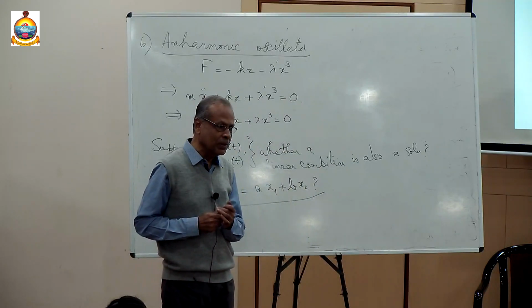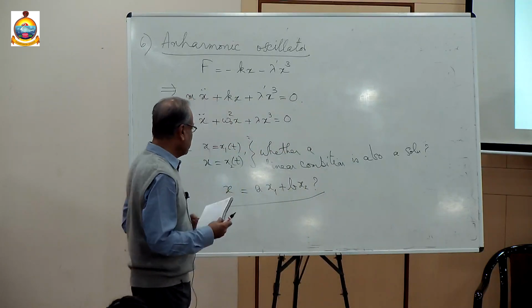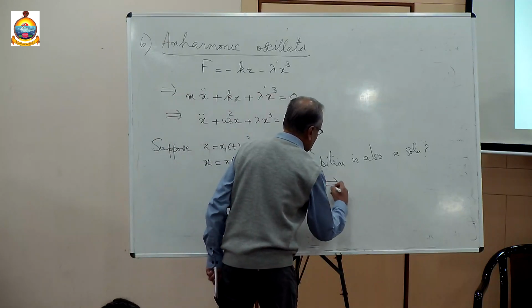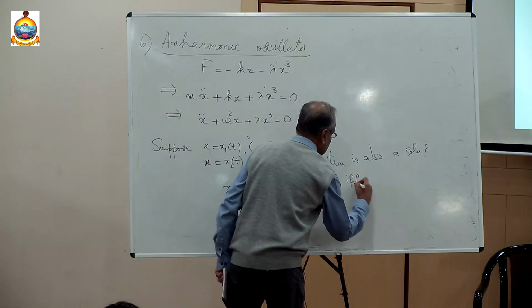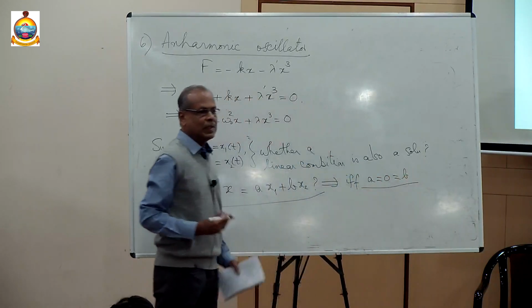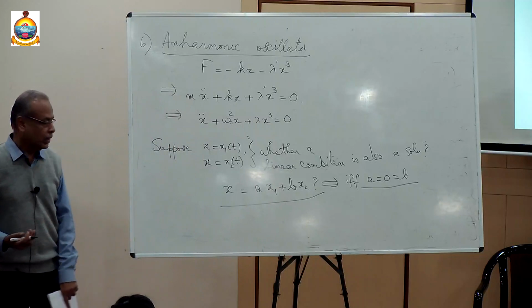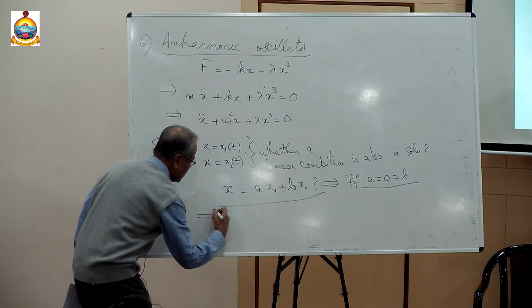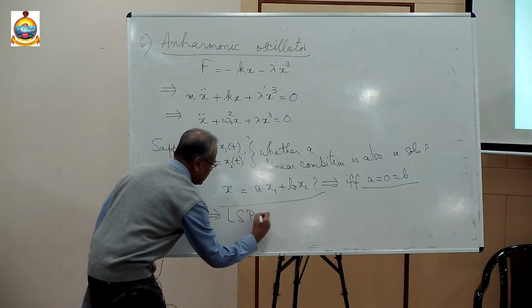If lambda is not equal to 0, the only possibility is if and only if a equal to 0 equal to b identically. Only the trivial solution is possible. So the conclusion is that the linear superposition principle fails.